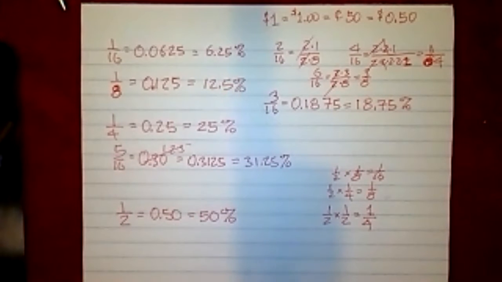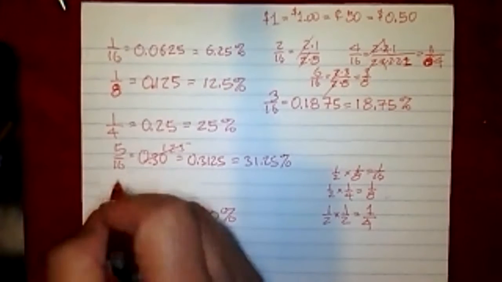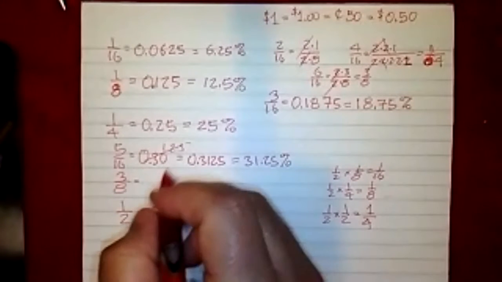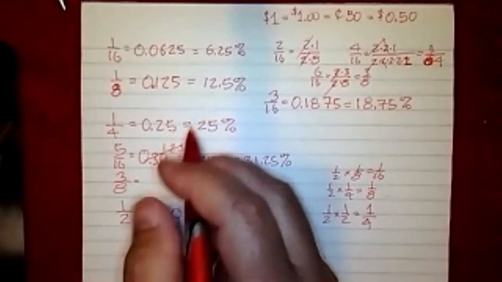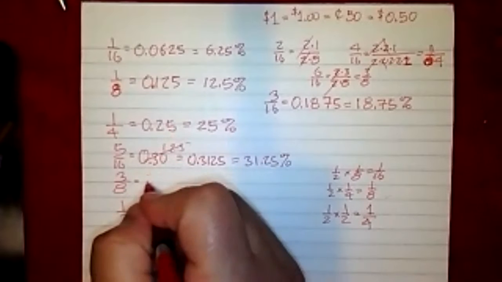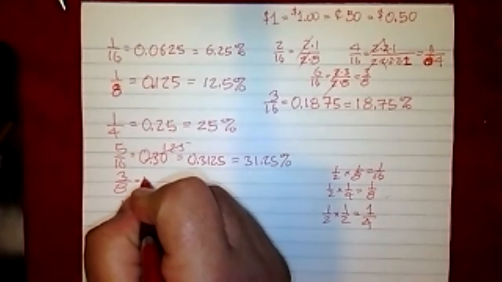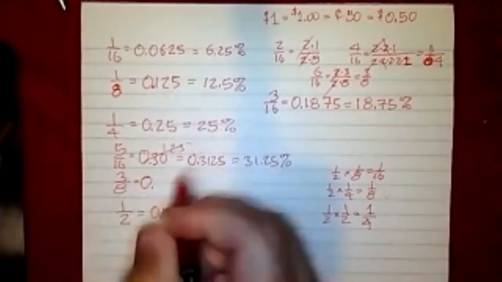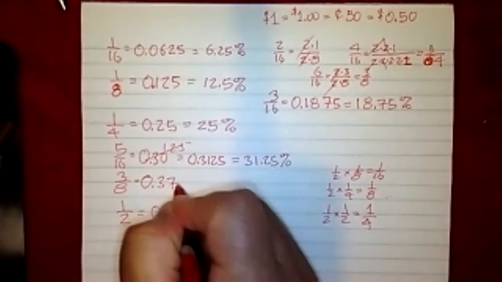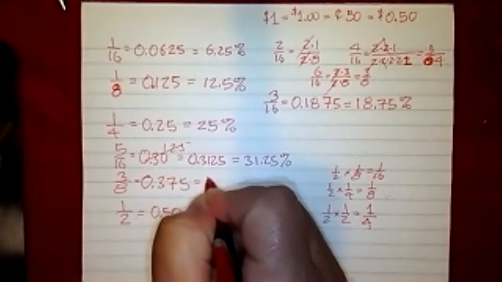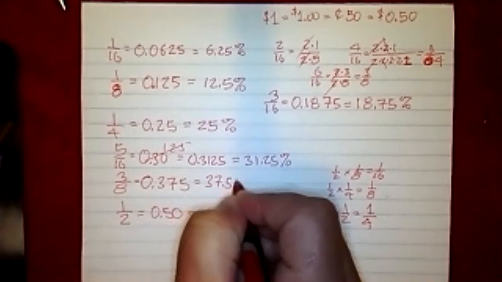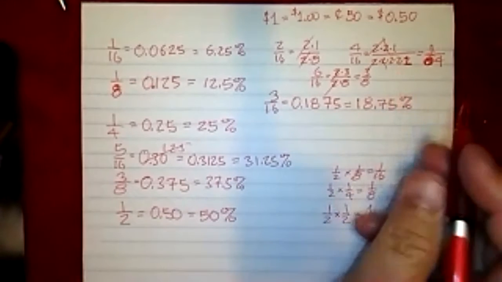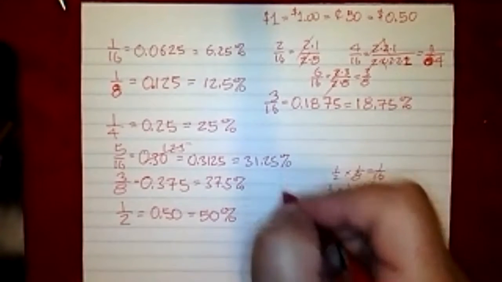So 6/16 turned out to be 3/8, which is 0.375, which is 37.5%.